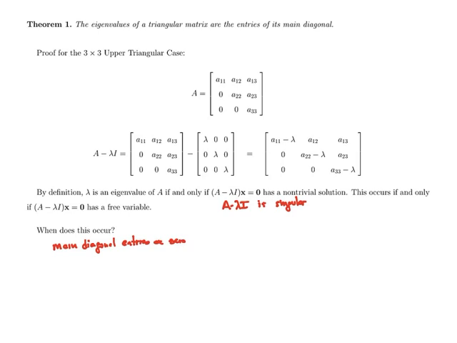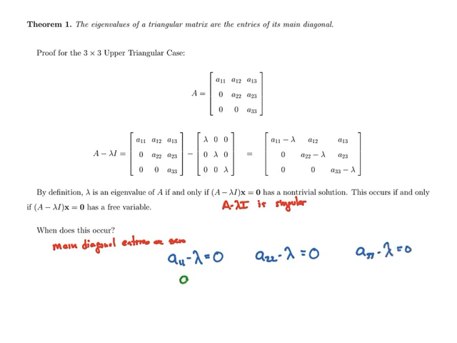That will create a column without a pivot if I have any of those main diagonal entries 0. So this will occur when a11 minus lambda equals 0, or when a22 minus lambda equals 0, or when a33 minus lambda equals 0.